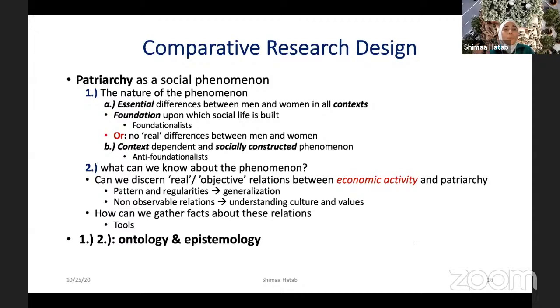This would entrench or perpetuate patriarchy as a social phenomenon. So you can find a pattern in the correlation between economic activities and social structure that would favor male dominance.